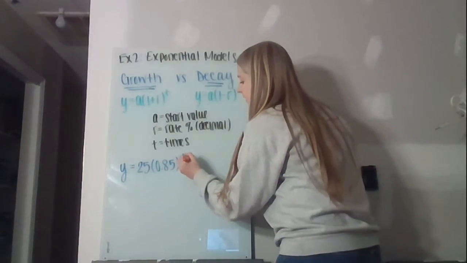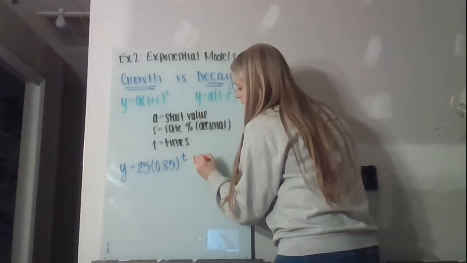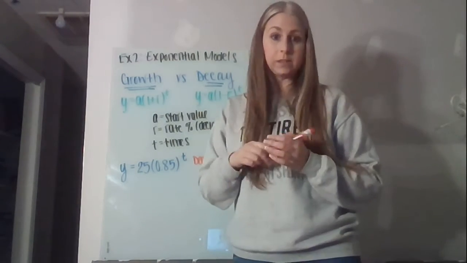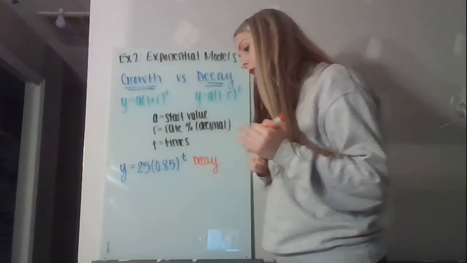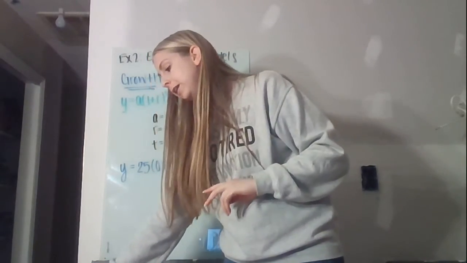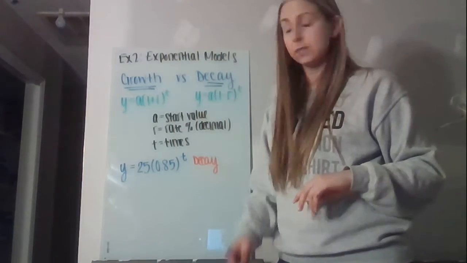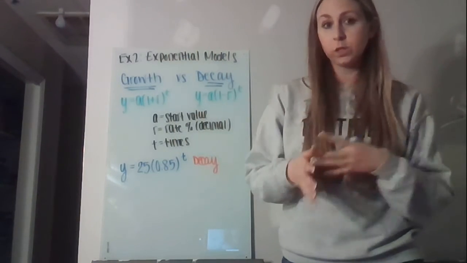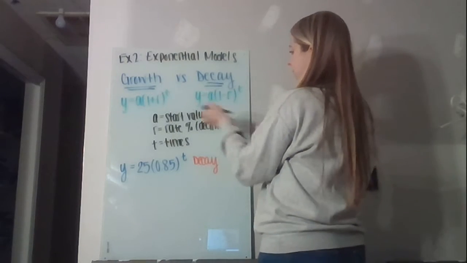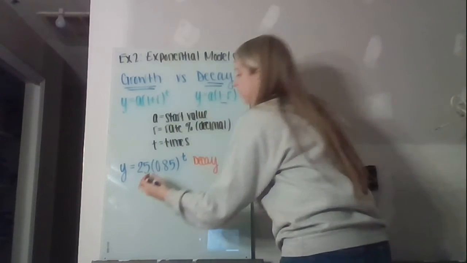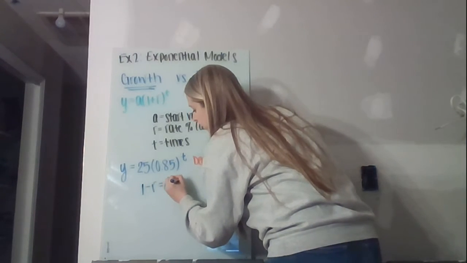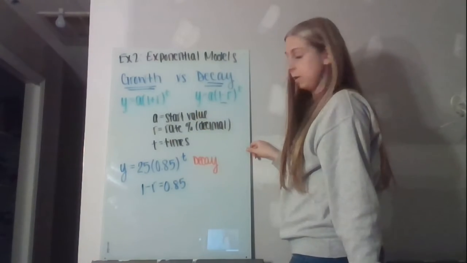And obviously that makes sense because unless you have a classic car, the older it gets, the less that it's worth, right? Okay, part B says identify the annual percent increase or decrease. So we already said it was a decay, so we know it's going to be a percent decrease. So since it's a decrease, I'm going to take that formula here, the 1 minus r, and I'm going to equal it to the percentage they gave us.